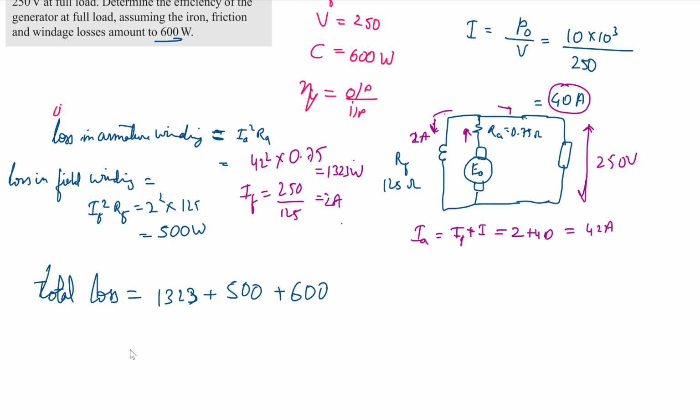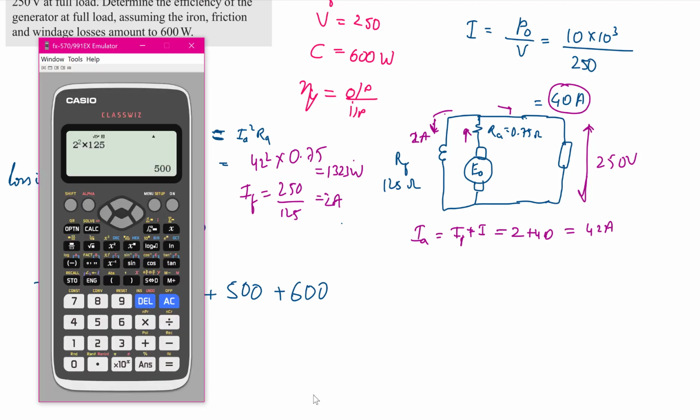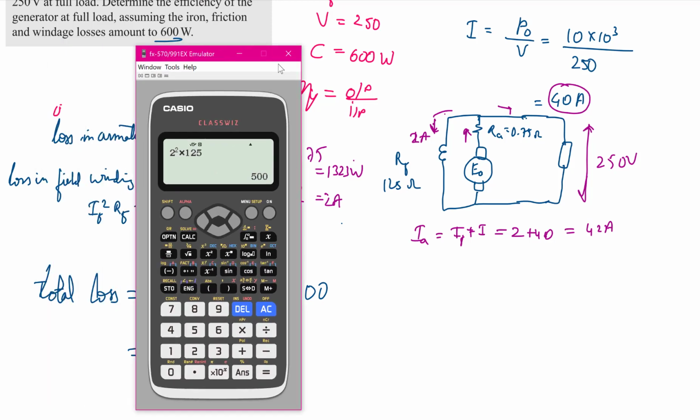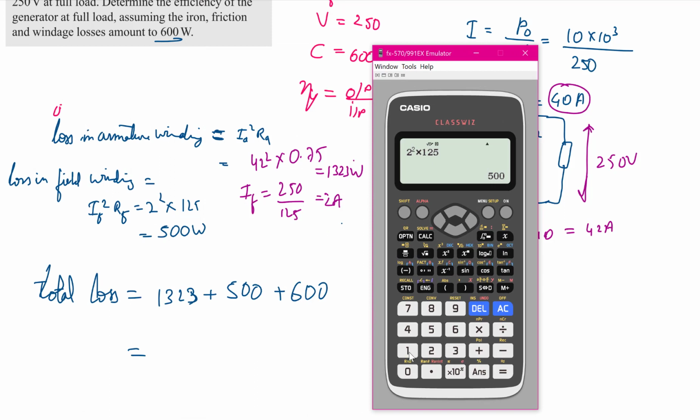So this amounts to 1323 plus 500 plus 600.